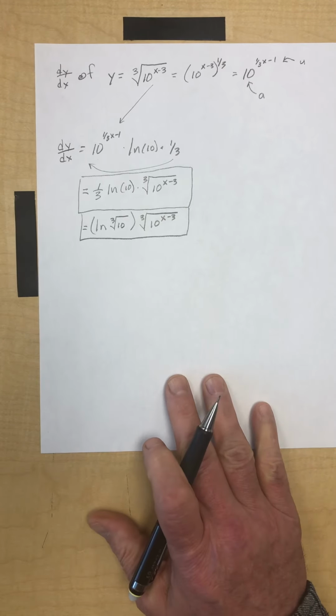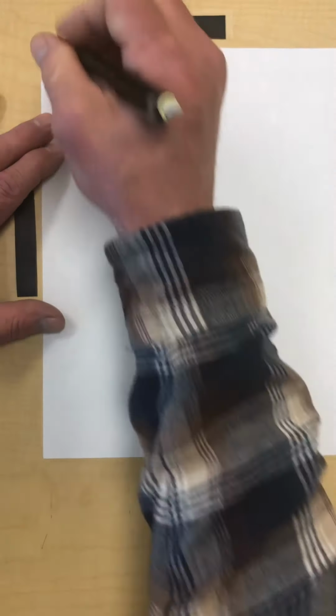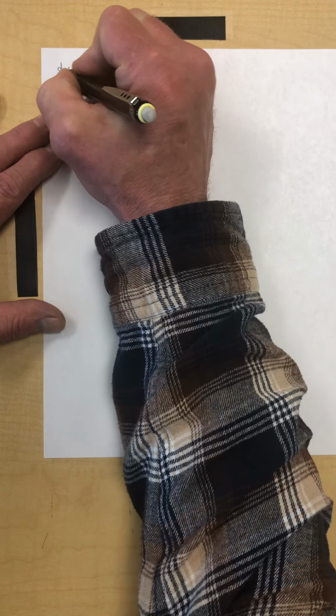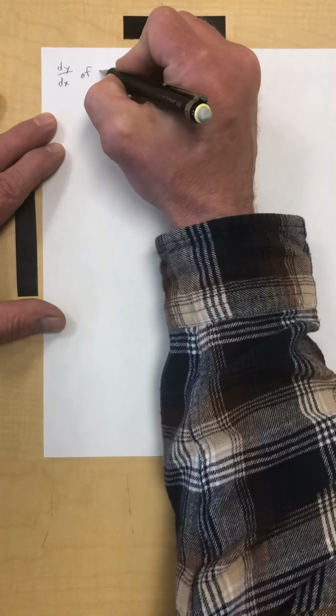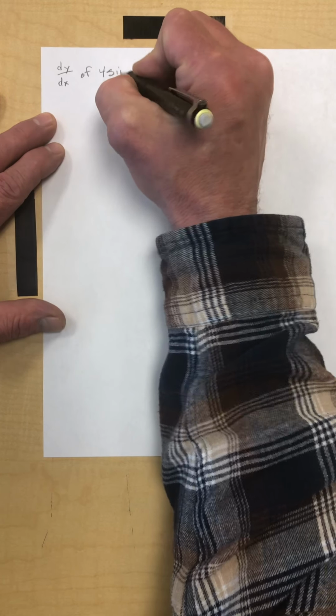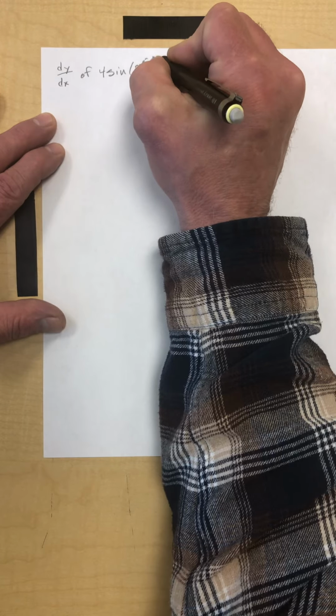Okay, on to the third one. So we have to do dy dx of 4 times the sine of 8 to the 5x power.